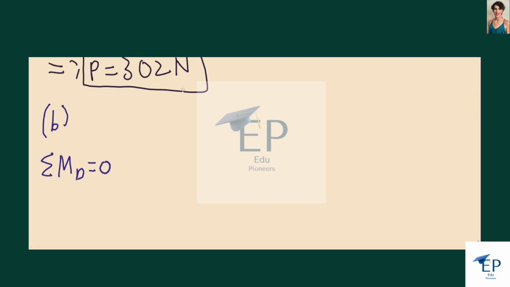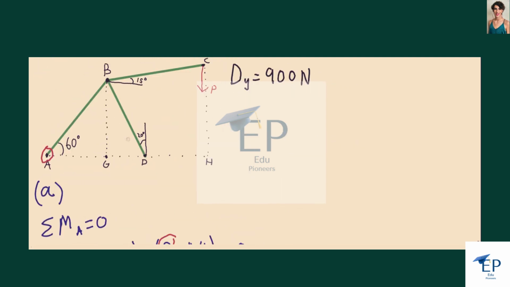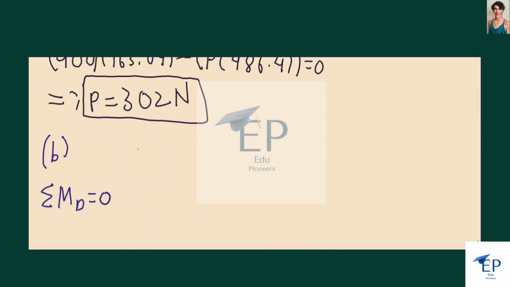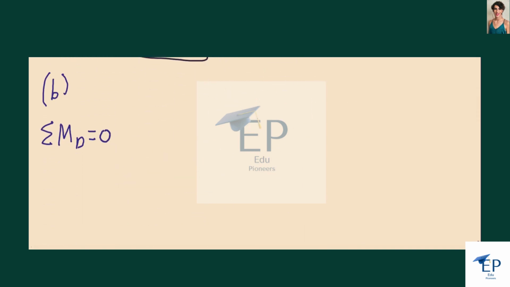After the point at D has been lifted up, we can assume that it will be in equilibrium. So we can say the sum of all moments at D is equal to 0.